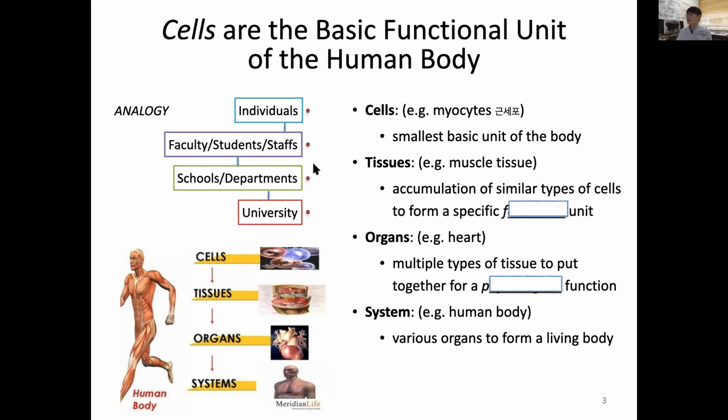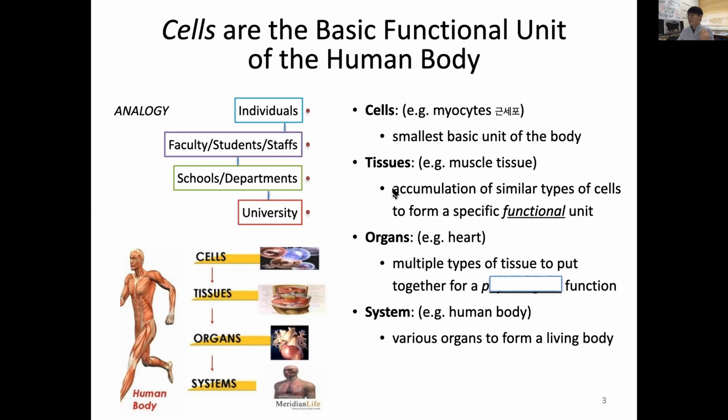Likewise, in our body, cells are the smallest basic unit of the body. For example, in the muscle, there is the myocyte, which means muscle cell. When these myocytes accumulate to form a specific functional unit, in this case, muscle cells form a muscle tissue, which will exert a contraction. That's the tissue.